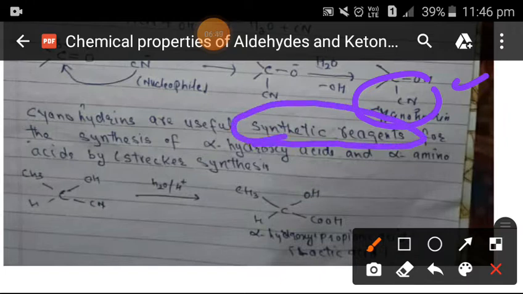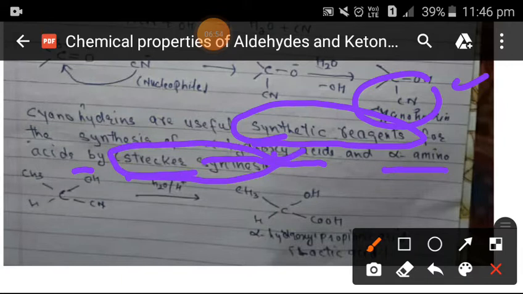As already mentioned, these are used as synthetic reagents for the synthesis of alpha hydroxy acids and alpha amino acids. This is called the Strecker synthesis.